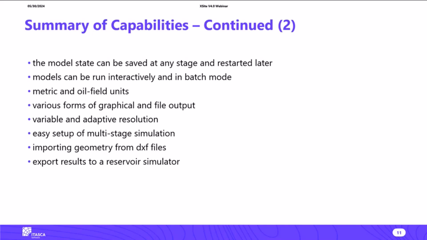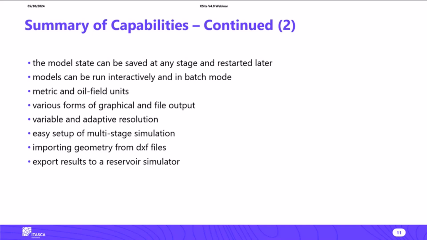So the adaptive resolution allows us to have fine resolution only around the stage which is currently active. Then when the simulation moves to the next stage, we remesh the model and use the finest resolution around the stage where we are injecting in the next step of the simulation.